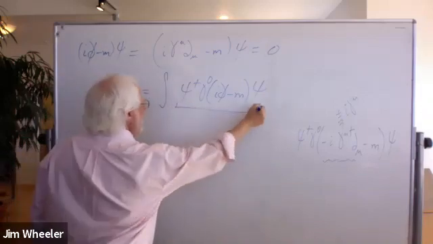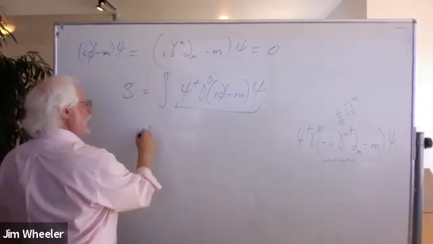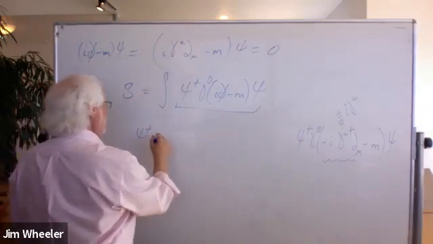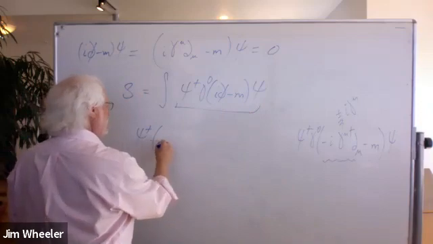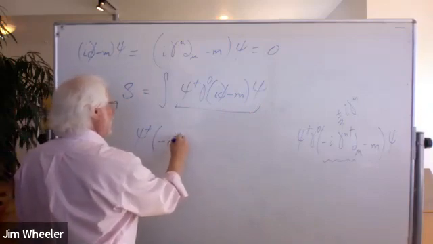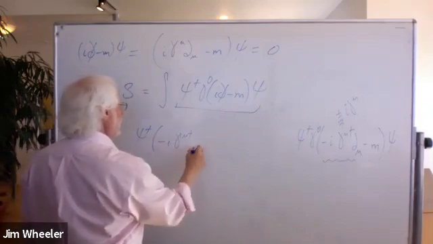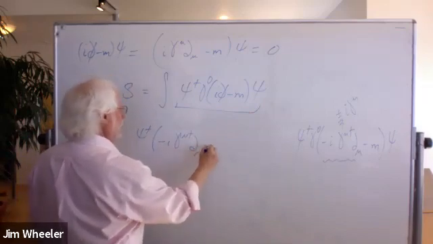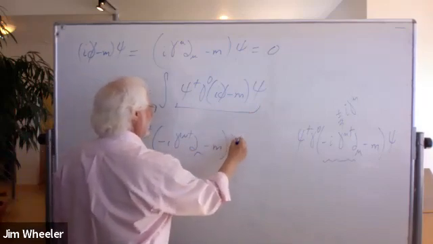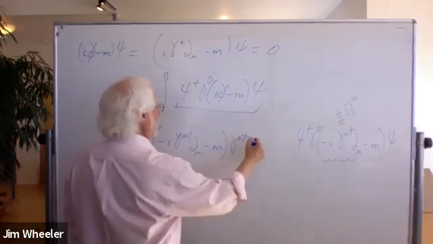So now let's take the dagger of this thing. So I have psi dagger, then we're going to have minus i gamma mu dagger d mu minus m gamma 0 dagger psi.